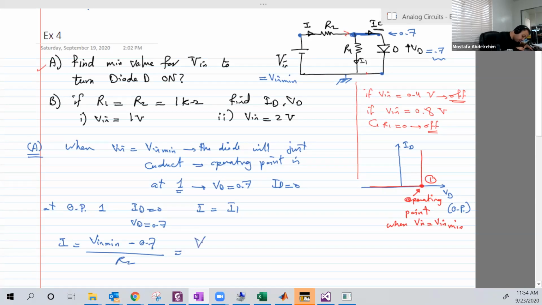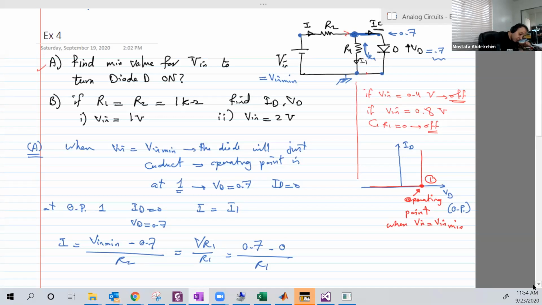I1 is equal to VR1 over R1. What is VR1? This is VR1 here. This point minus this point over R1. This point is 0.7 minus 0 over R1. Or basically the voltage drop on the diode, which is known now because it's on, is 0.7. So 0.7 over R1.